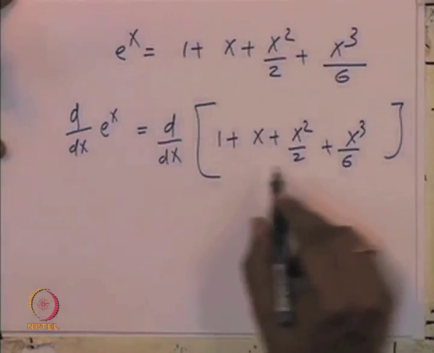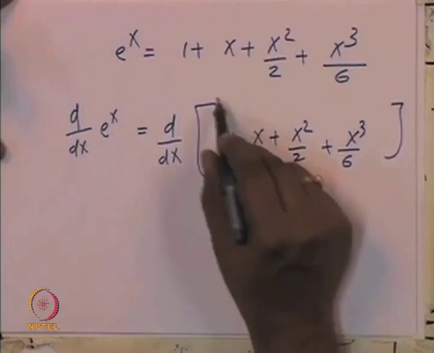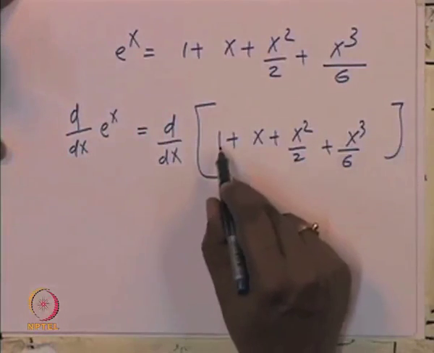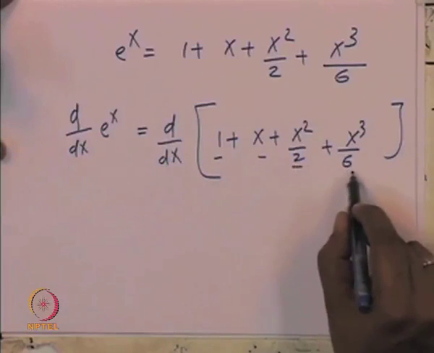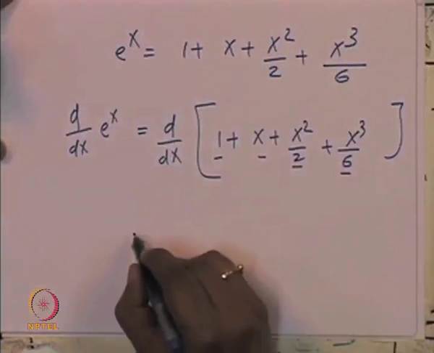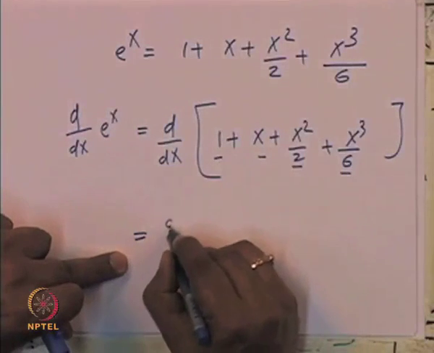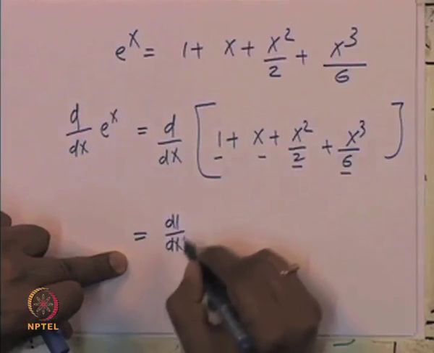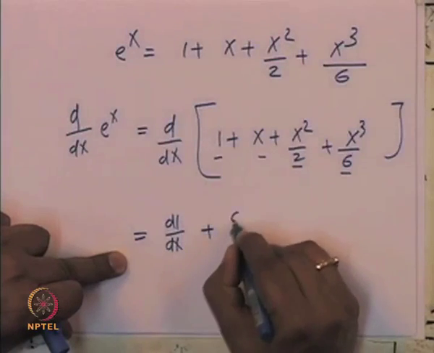Now, the sum rule says that if you want to find the derivative of the sum, you can take the derivative of each of these individual terms and sum them. So, the first one is d1 by dx, which is 0. Second one is dx by dx.